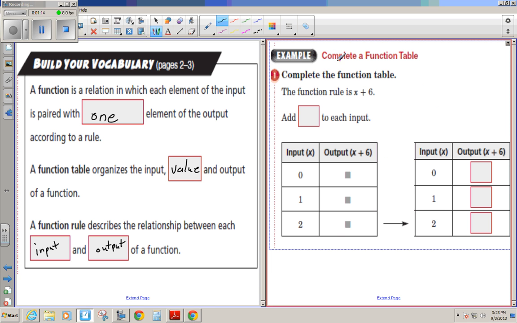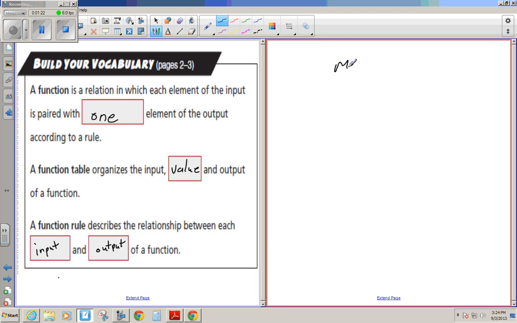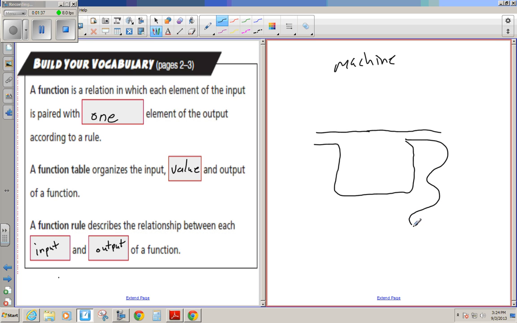All right, a function table. Basically, what a lot of people think about is you have a machine. Okay, a function machine. And just like any machine, it does something for us.